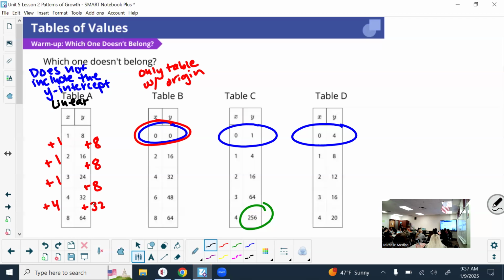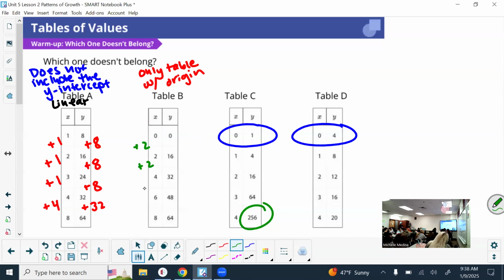If in the y's we are adding or subtracting the same amount each time, it's linear. Is table B linear? Does that one go up by a consistent pattern each time? Yeah, and the x's, what are they going up by? 2.